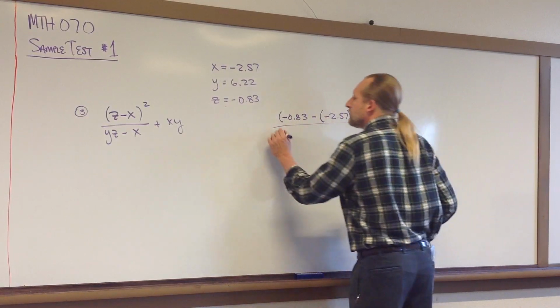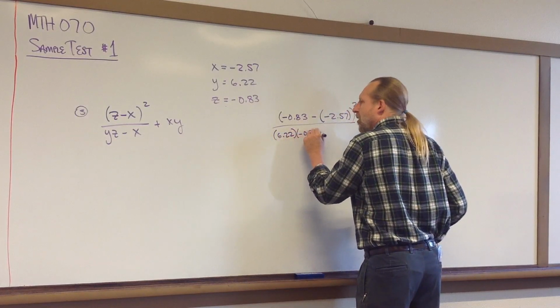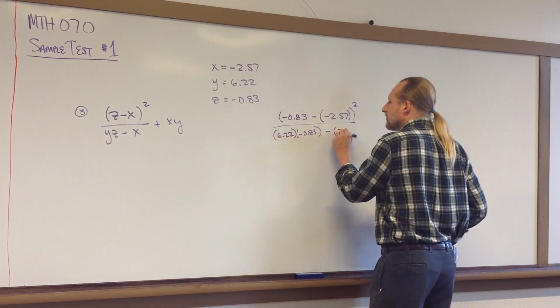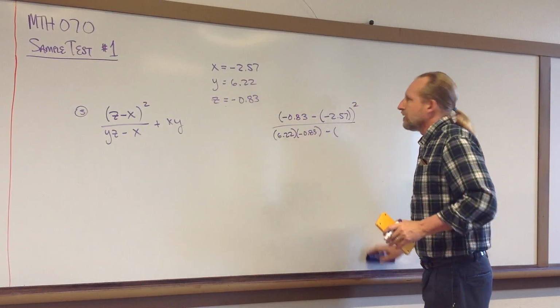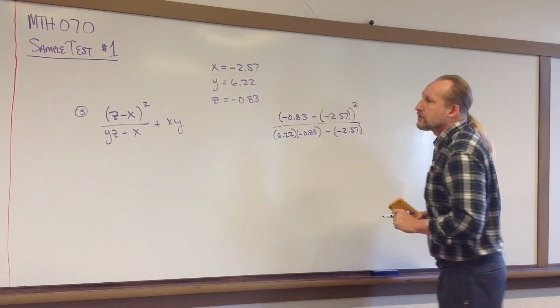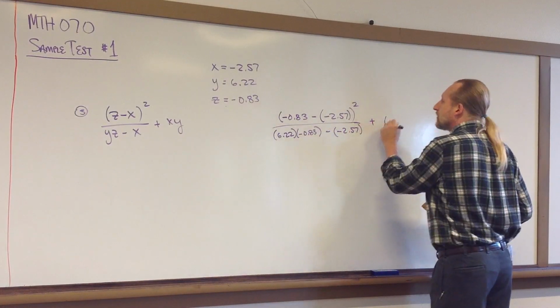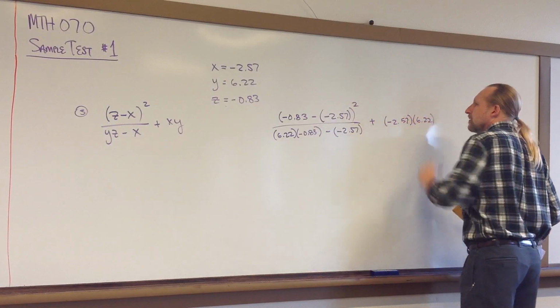Let's see, y times z. And then minus, again, this minus sign is in the formula. And then the minus sign here is from the value of x. And then plus x times y.